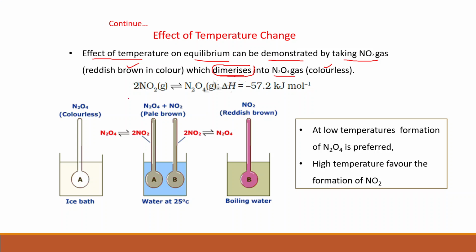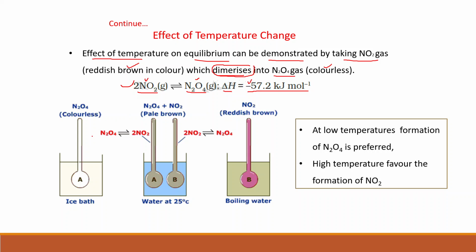This can be represented like this: 2NO2 converting into N2O4, and for this delta H is minus 57.2 kilojoules per mole. From this sign we can say that in the forward direction this reaction is exothermic. So N2O4 is stable at low temperature and NO2 is stable at higher temperature.